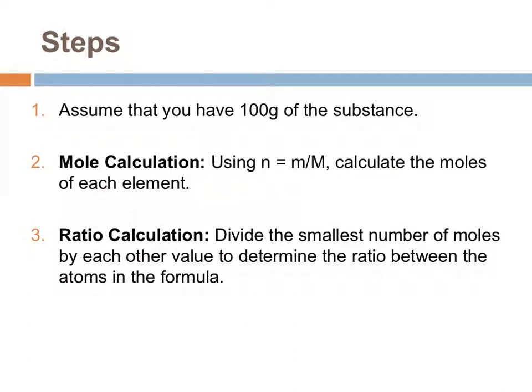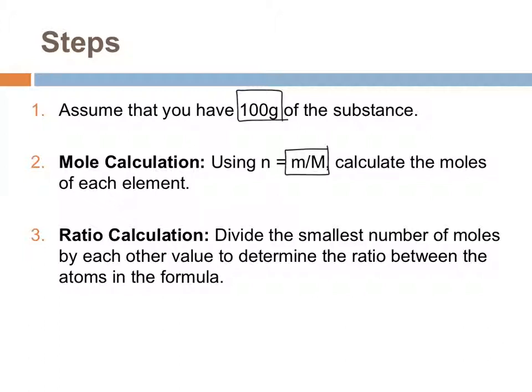There are 3 steps that you always need to follow when finding an empirical formula. The first is that since we're given percentages, we're going to make the assumption that we have 100 grams of the substance. This is going to give us easy numbers to work with. We're then going to do a mole calculation using the mass divided by the molar mass to calculate the moles of each element.